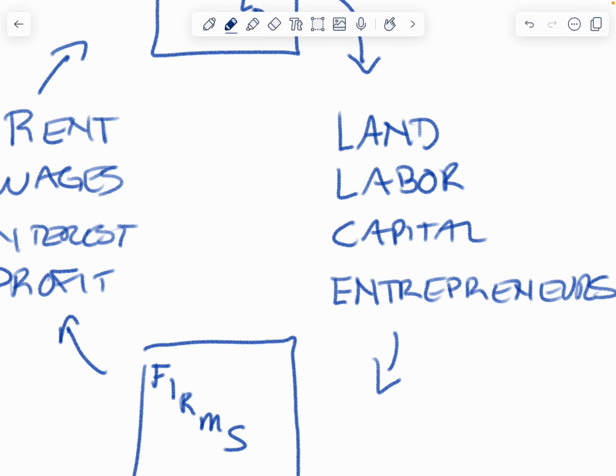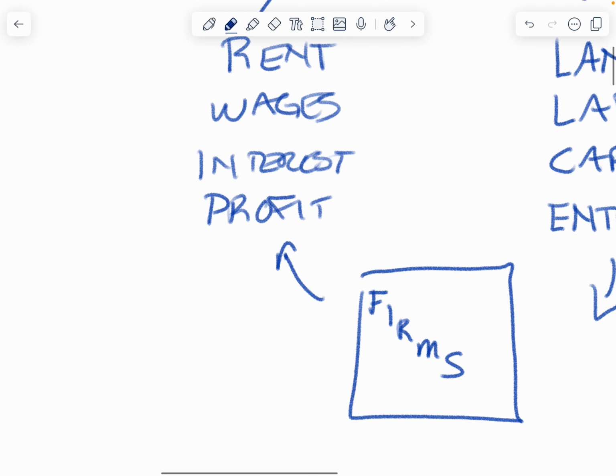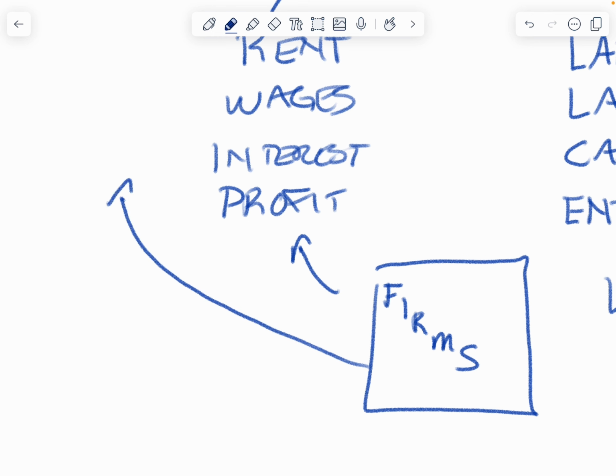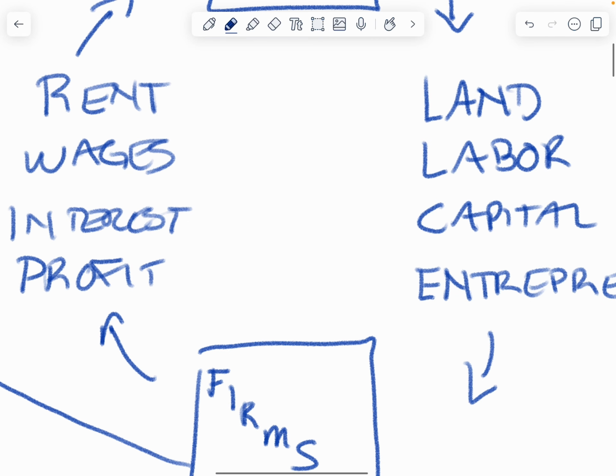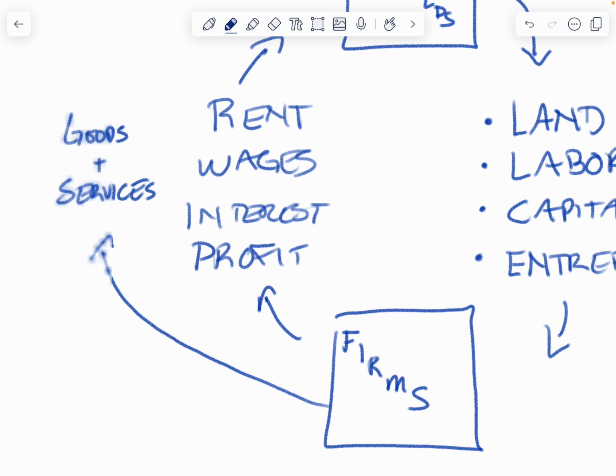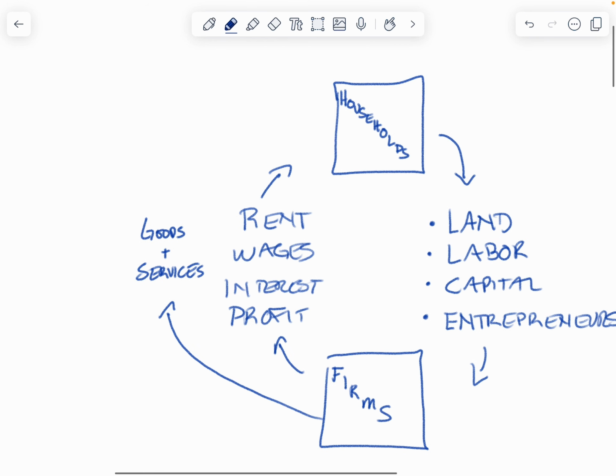Well, they use it for goods and services. A bakery might need to rent its space, pay its workers, pay for its ovens and raw materials, and pay back its entrepreneur. Once it has these aspects, it can provide cupcakes.